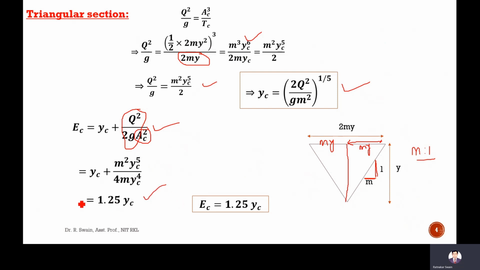Just simplify it, you will get this Ec, that is 1.25 Yc. So this is the expression for the minimum specific energy at critical flow, that is 1.25 Yc for a triangular section.